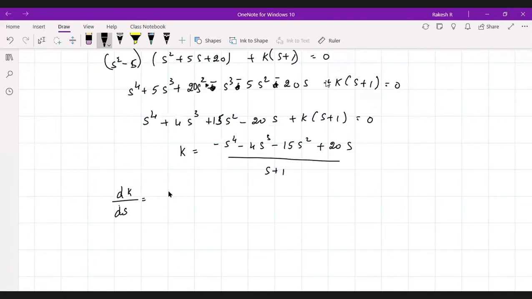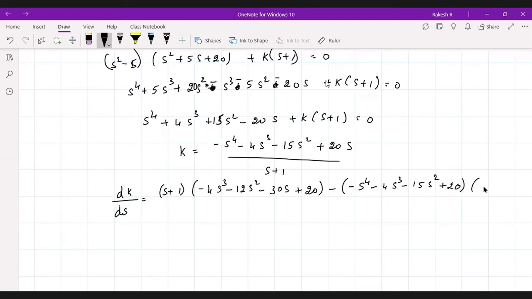For that, you need to differentiate with numerator and denominator. Differentiation of this one, numerator by denominator, that is denominator s plus 1 into differentiation of numerator, that is minus 4s cube minus 12 s square minus 30 s plus 20, minus numerator, that is minus s raised to 4 minus 4s cube minus 15s square plus 20s, into the differentiation of denominator, s plus 1, which becomes 1 here.